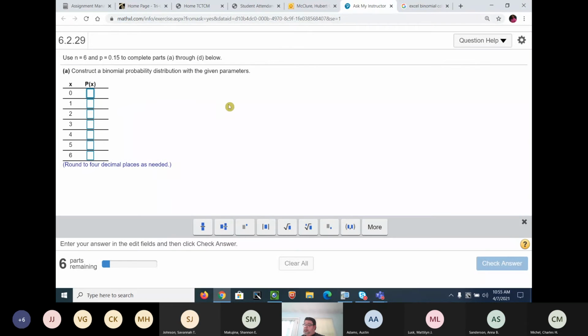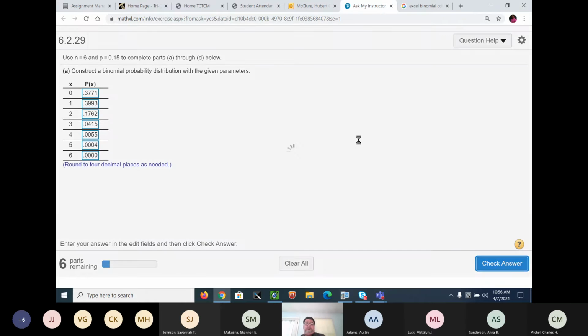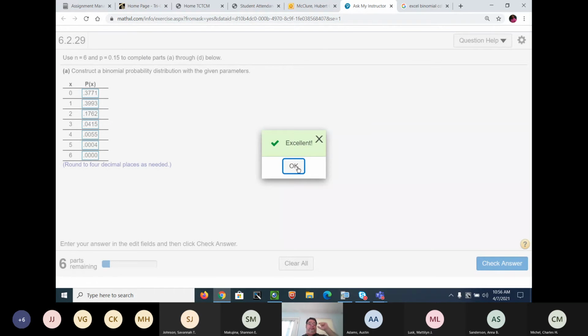So let's type them in. 0.3771, 0.3993, 0.1762, 0.0415, 0.0055, 0.0004, and 0.0000. It might not like 4 zeros, but that's what it is. We feel good about ourselves.